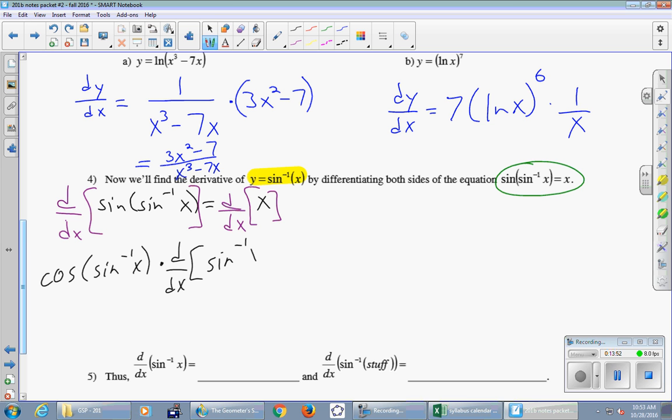Inverse sine, right? Everybody okay with sine of stuff becoming cosine of stuff times derivative of the stuff? Okay, equals on the right-hand side, derivative is just 1. That's the easy part.